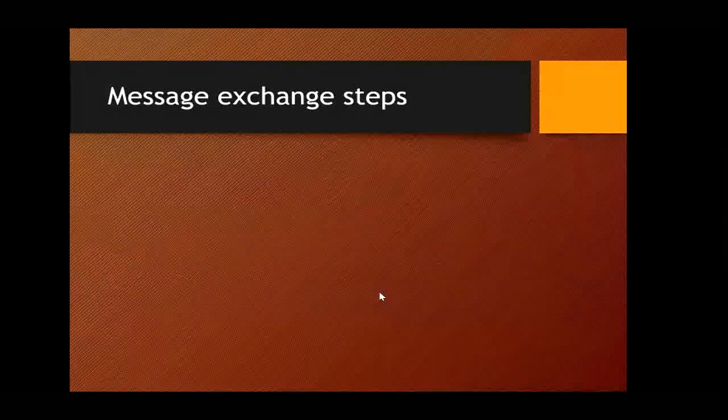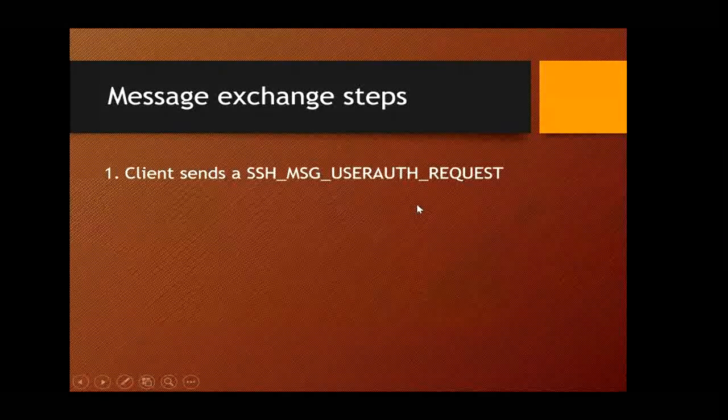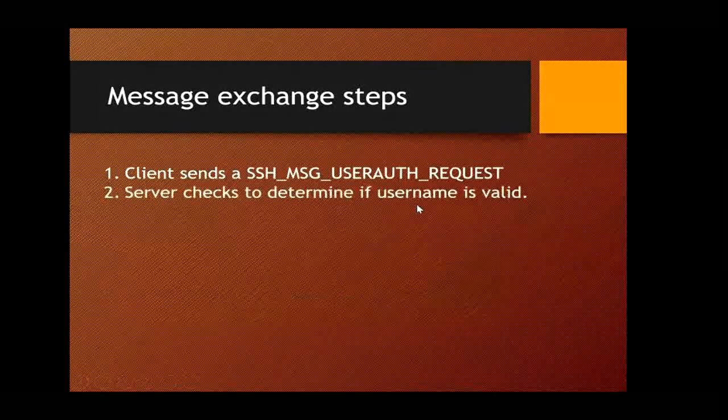So we have the first step. Here, the client will send the authentication request message with the requested method of none. Secondly, the server will check to determine if the username is valid. If it is not, the server will return an SSH user authentication failure with the partial success value of false.